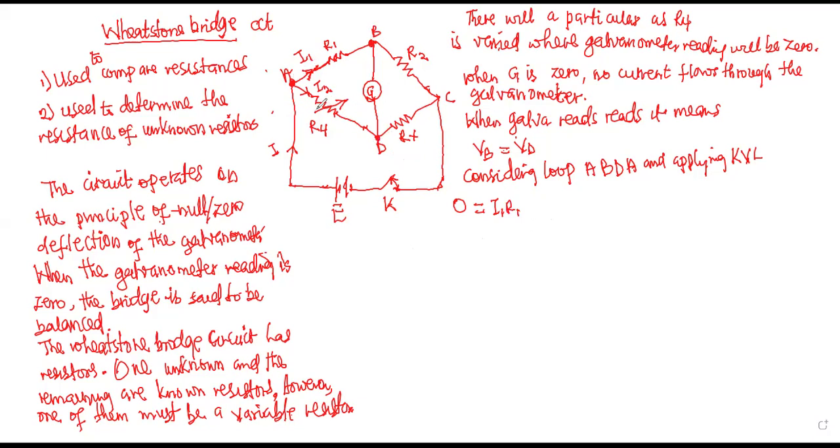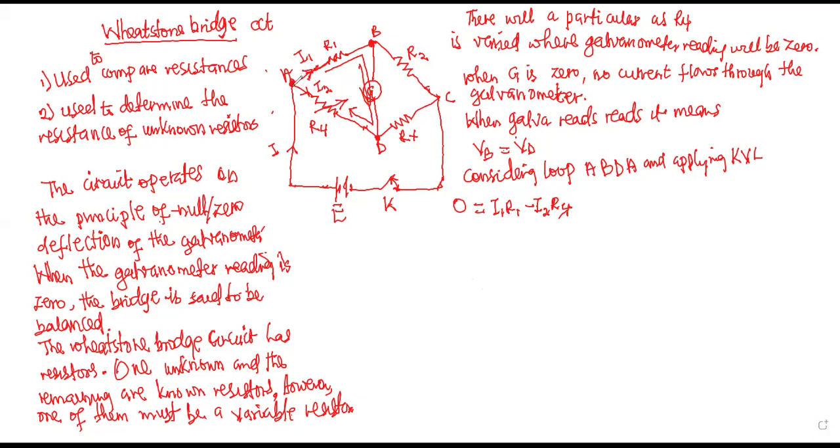What will be the PD across R4? Minus I2R4, isn't it? Yes. Do you understand why? No, please. Because the direction of the current I2 is going against the direction of the loop.